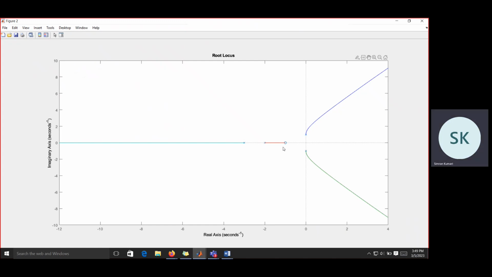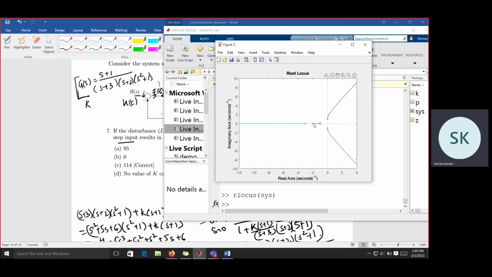We can see there is a zero at minus 1, and poles at minus 2, minus 3, and these two imaginary points, the complex conjugate poles.